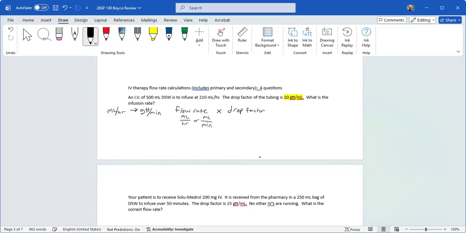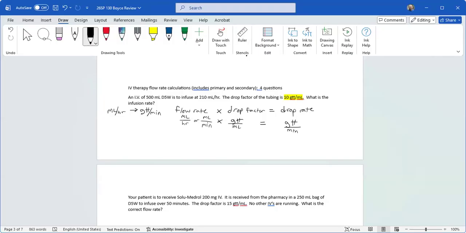The drop factor is going to be in drops per milliliter. Those two pieces of information will give you your drop rate, and your drop rate is going to be written as drops per minute. This is GTT. I know it looks like I'm writing a funky H, but that's supposed to be TT. The abbreviation for drops is GTT.